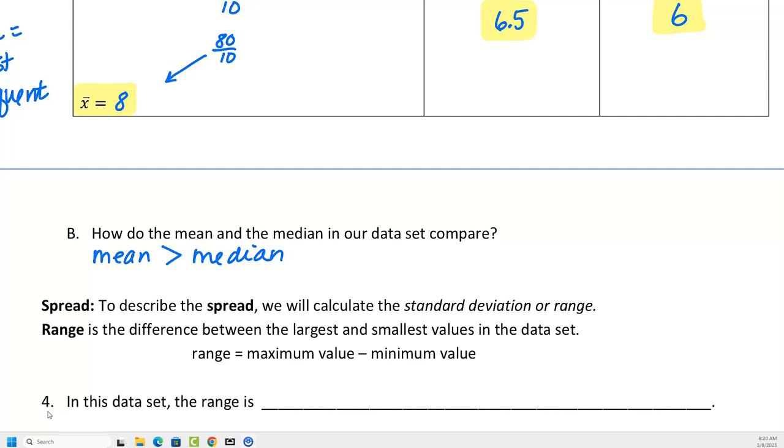And what I'll write here, let's put this in this color, is: this is generally true when data is skewed right.